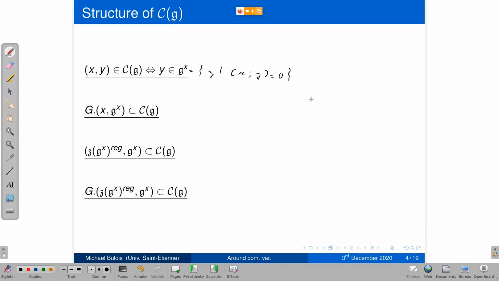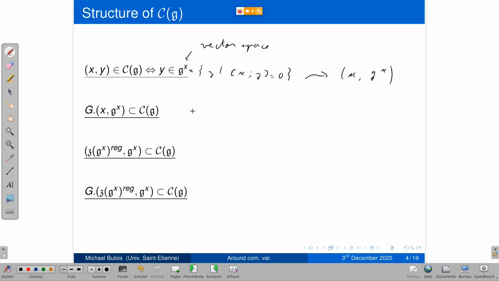This is not really surprising. But what is important here is that we have a vector space. This is the kernel of a linear map. And so we have something in the commuting variety which is this x × g_x. So the fibers under the first projection are linear spaces.